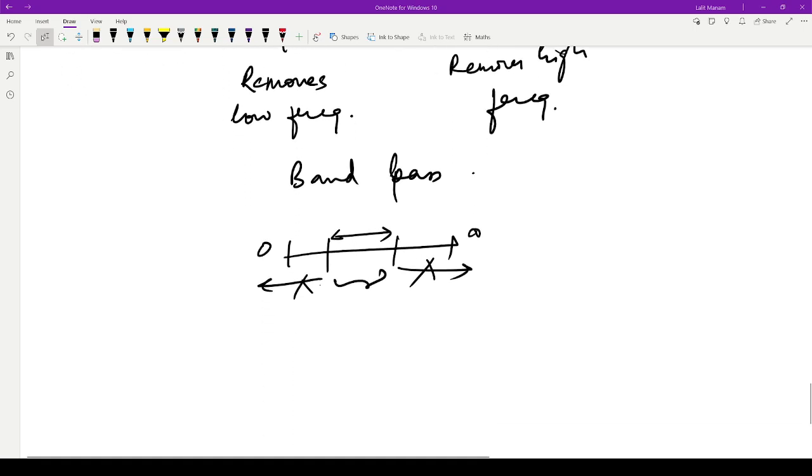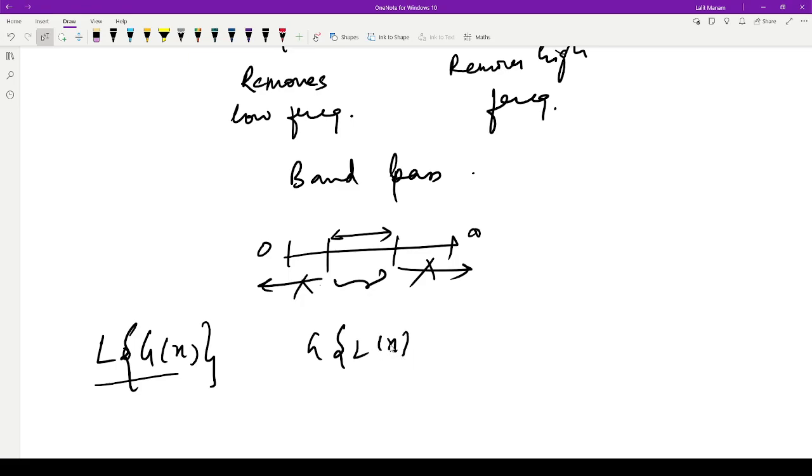So again, I'll ask the same question which I asked, I guess, in the previous class. If I apply Laplacian of Gaussian, L of G of X, or G of L of X, are they the same or are they different? They are different.